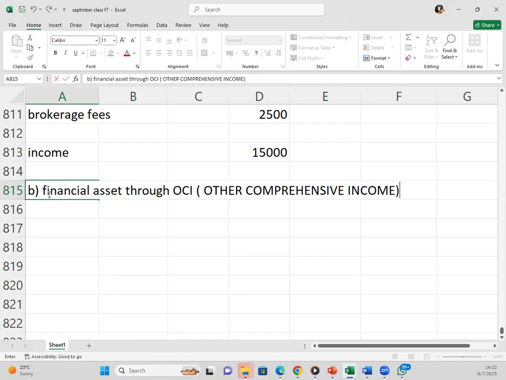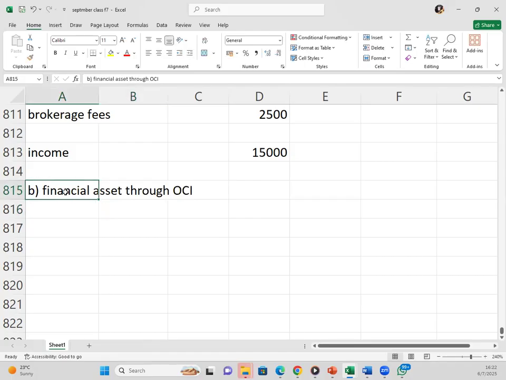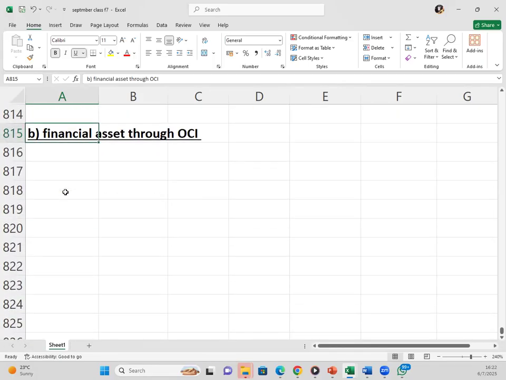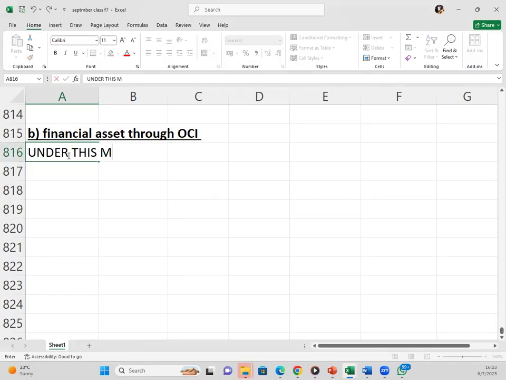So the financial asset can be through profit and loss, or it can be through OCR. If we say this is a financial asset through OCR, what are the rules? Number one, under this model, the transaction costs are capitalized.